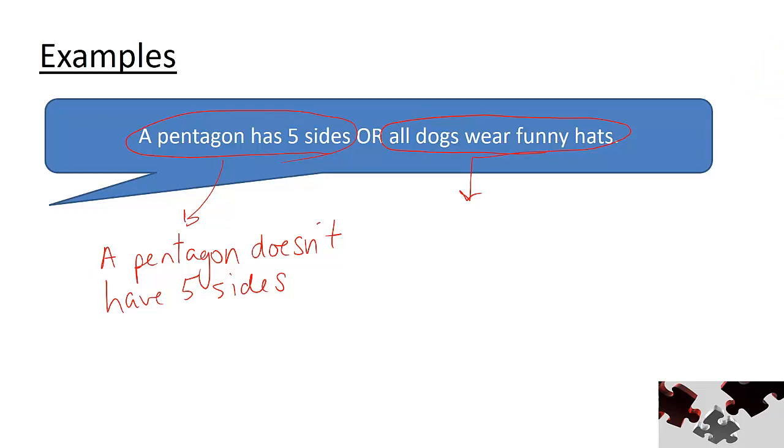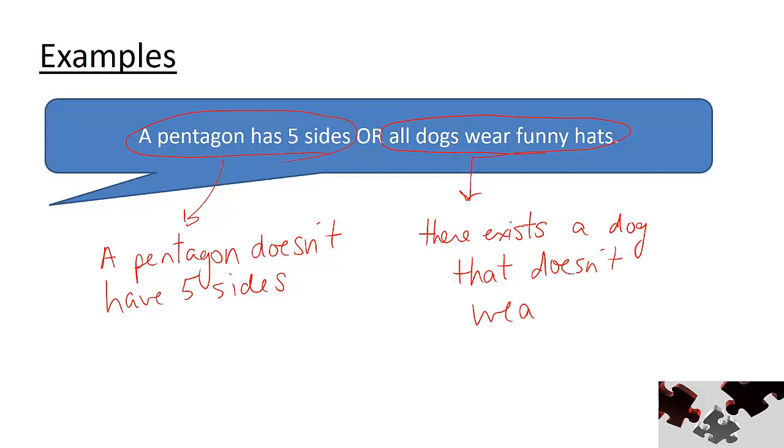First, we're going to replace all, our universal quantifier, with an existential quantifier, like there exists. Next, we need to somehow bring in the word not. There exists a dog that doesn't wear a funny hat should do the trick.